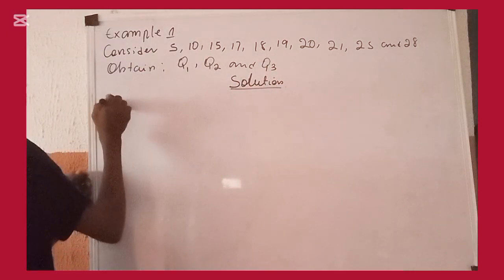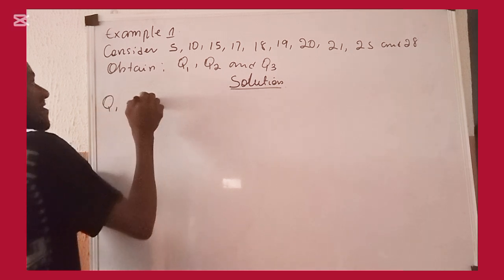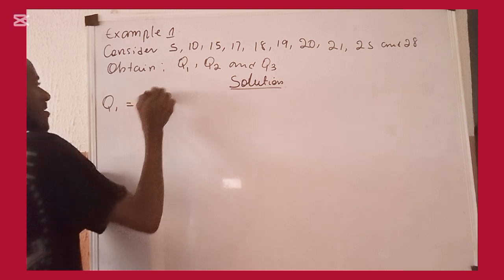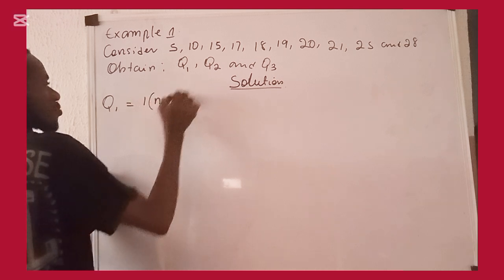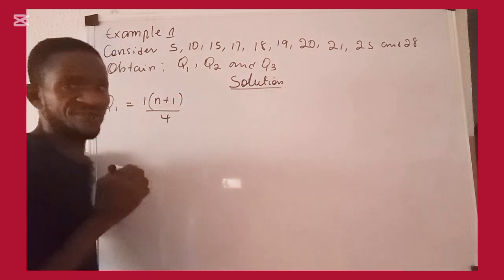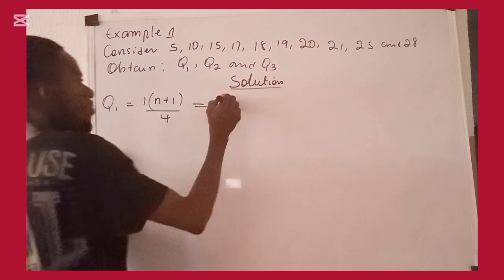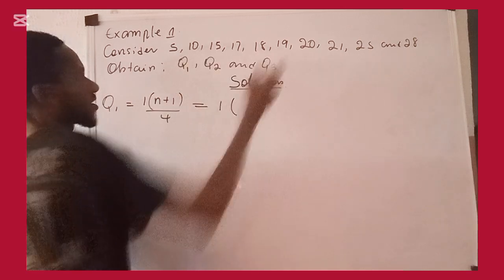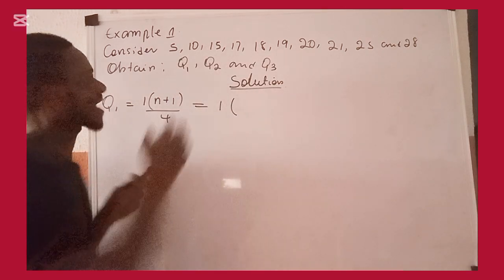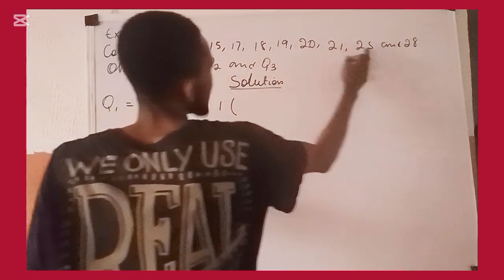Our Q1, based on the formula we gave earlier, is given as 1 into (n plus 1) all over 4. n is the number of observations, so we count the observations: 1, 2, 3, 4, 5, 6, 7, 8, 9, 10.